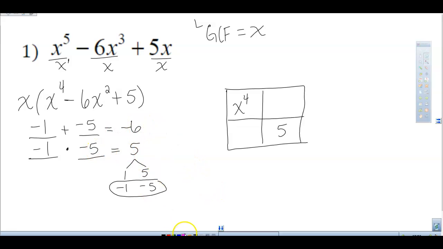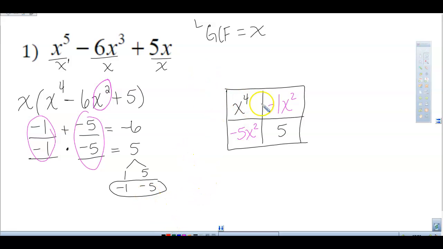So I'm going to take these 2 values right here, the -1 and the -5, and check your b value. The b value has an x squared, so I put x squareds in the boxes. So -1 x squared and a -5 x squared.